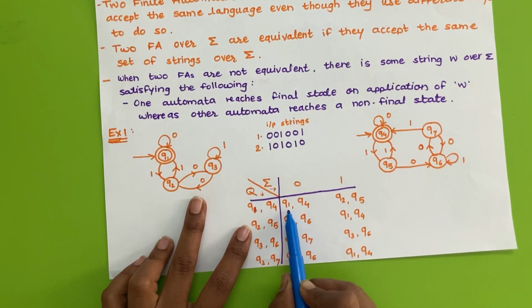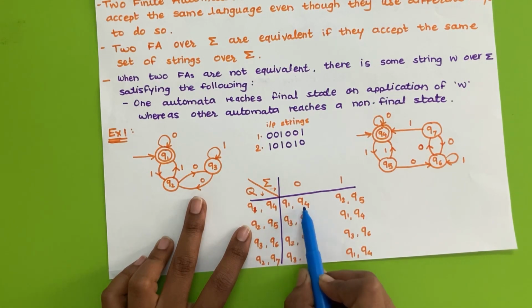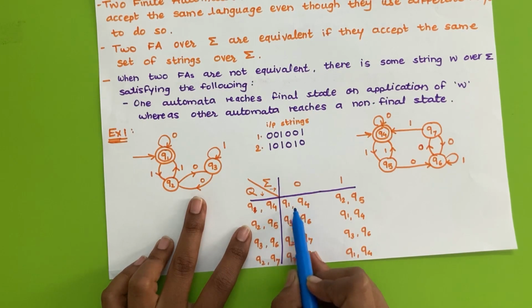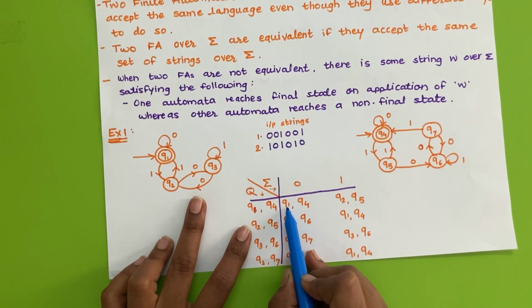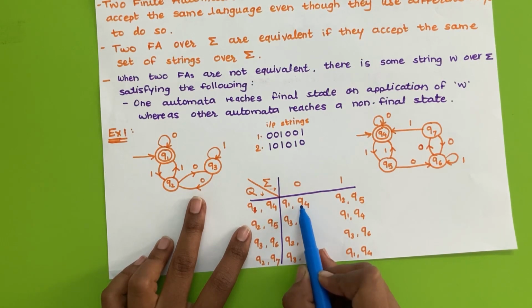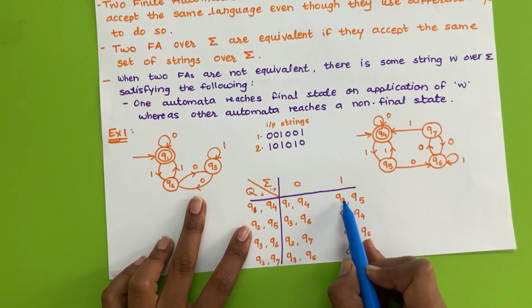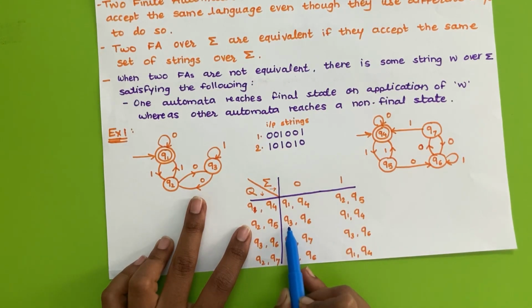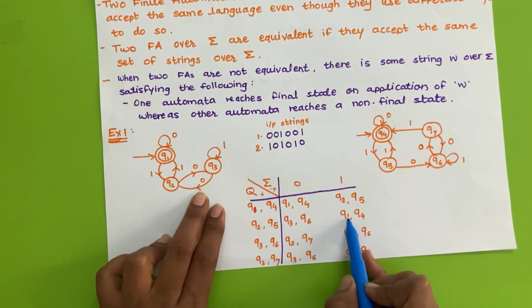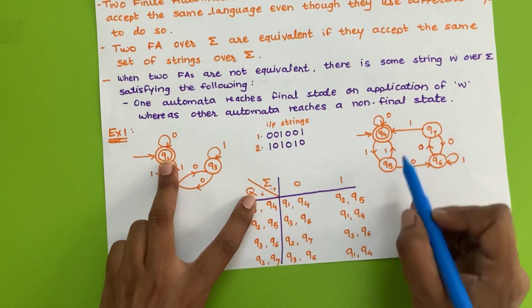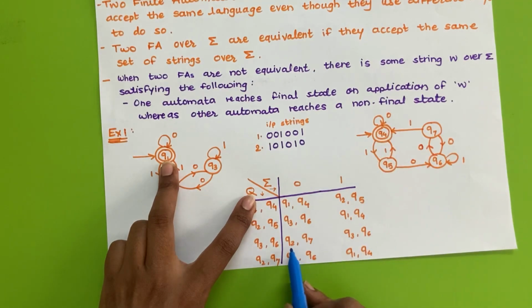So the output states, the combination of states, are either final or non-final. Here we have a final combination of states and here non-final. Q3 is again non-final, Q6 is again non-final, Q1 is final and Q4 is again final. So this is also non-final.